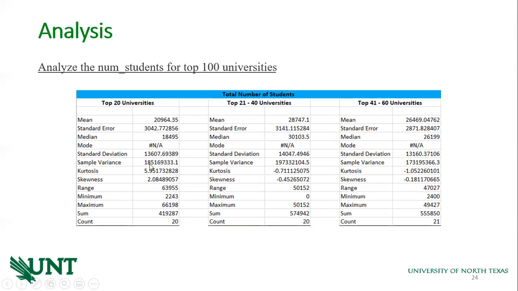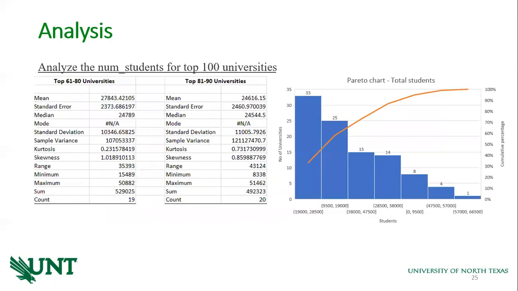The reason for this huge value is that we have thousands of students in every university, and this data is for around 6 years and for almost 200 to 300 universities. That is why we have this huge number for the sample variance.